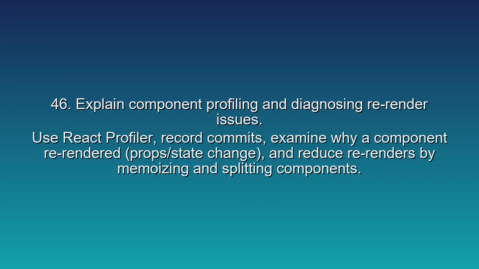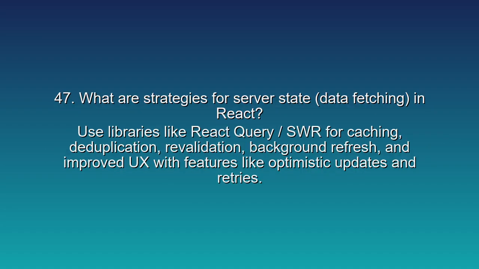46. Explain component profiling and diagnosing re-render issues. Use React Profiler, record commits, and examine why a component re-rendered: props, state change. Reduce re-renders by memoizing and splitting components. 47. What are strategies for server state, data fetching, in React?